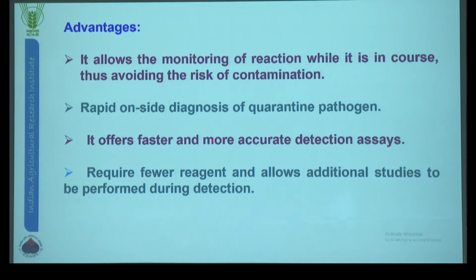In PCR, agarose gel electrophoresis is required; here only real time PCR is required. Any doubt in between, you can ask me. You can directly see at the amplification stage whether amplification has been done or not.